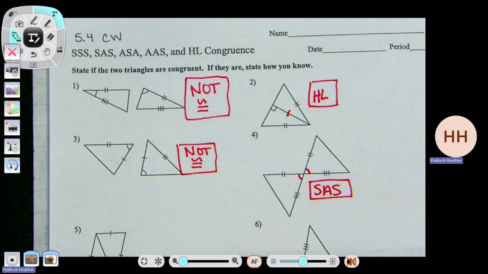Because you have the third side, 2 sides, and you have another. Would not be an angle.